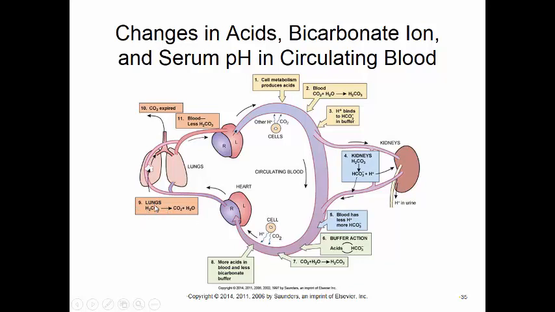We can get rid of the carbonic acid by getting rid of the CO2. Now we have less carbonic acid, and it continues to process. So the kidneys get rid of the actual H+, and the lungs get rid of carbonic acid. They're both going to increase pH, but the kidneys can actually lower it long term.